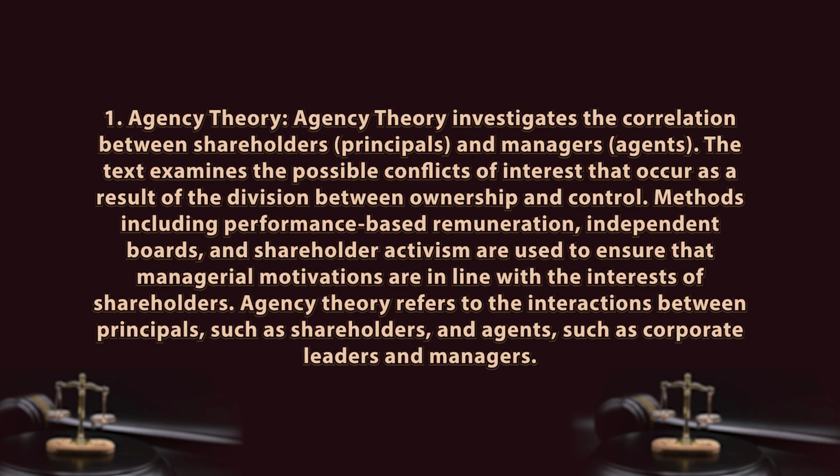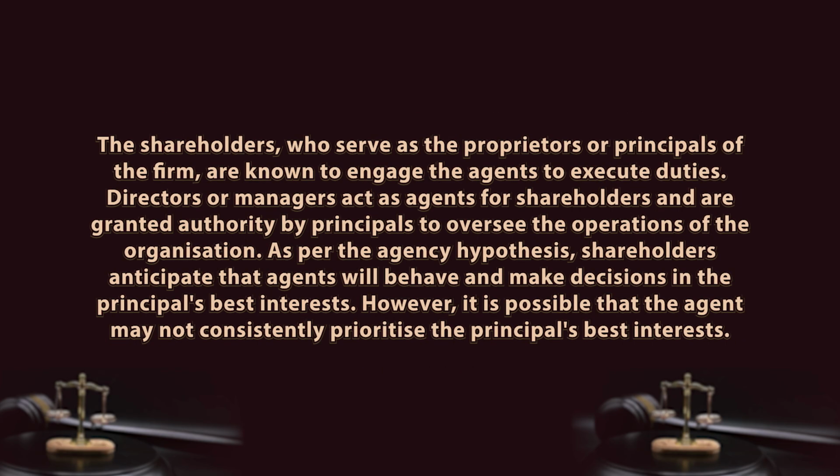Agency theory refers to the interactions between principals such as shareholders and agents such as corporate leaders and managers. The shareholders who serve as the proprietors or principals of the firm are known to engage the agents to execute duties. Directors or managers act as agents for shareholders and are granted authority by principals to oversee the operations of the organization.